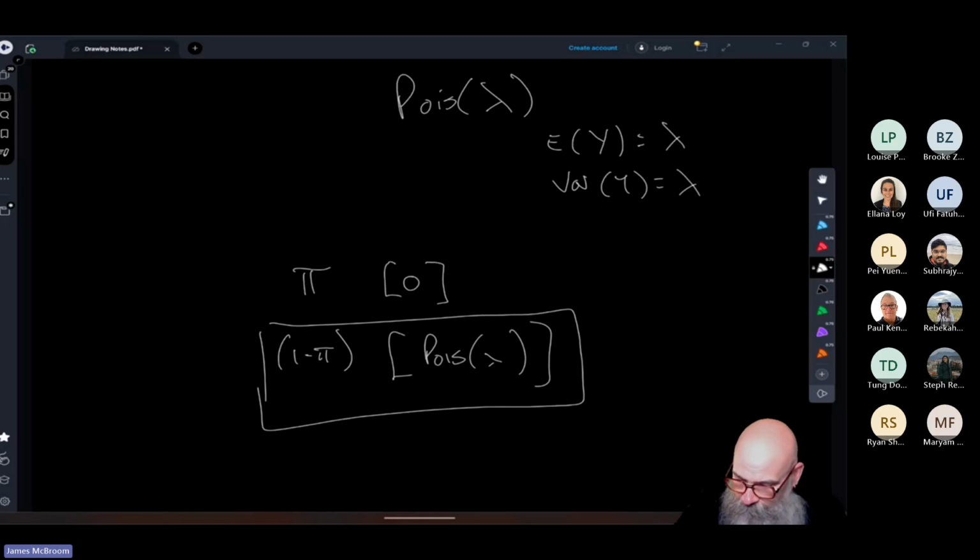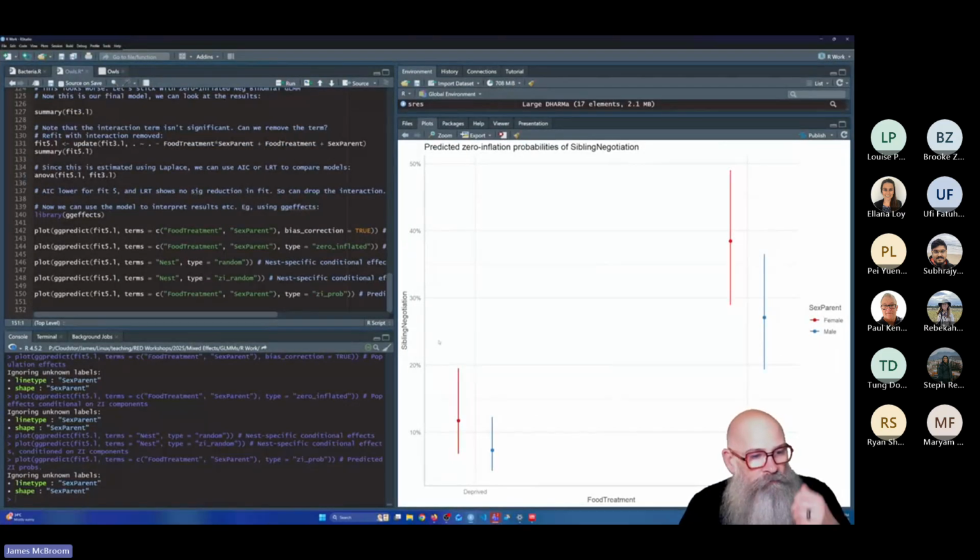All right. You can see that for the deprived food treatment category, you're highly likely to be in the extra zero group. There's only a roughly 10% chance you're in the actual counts for begging.